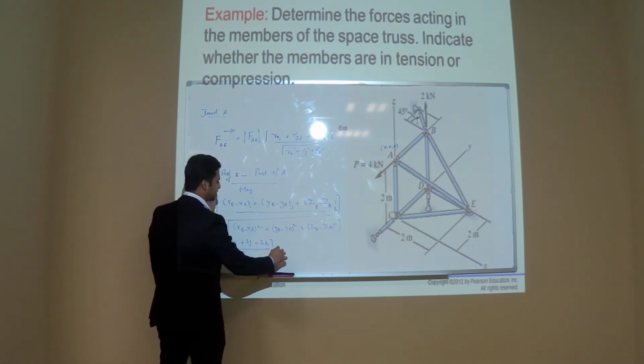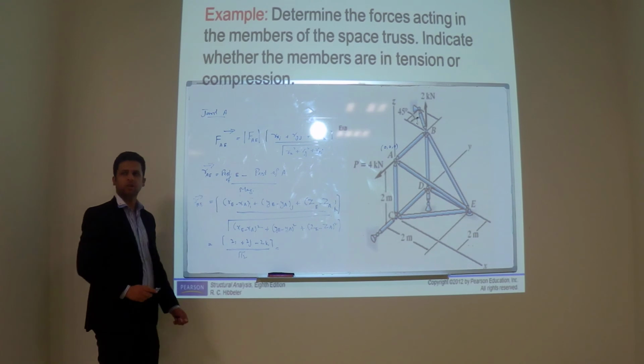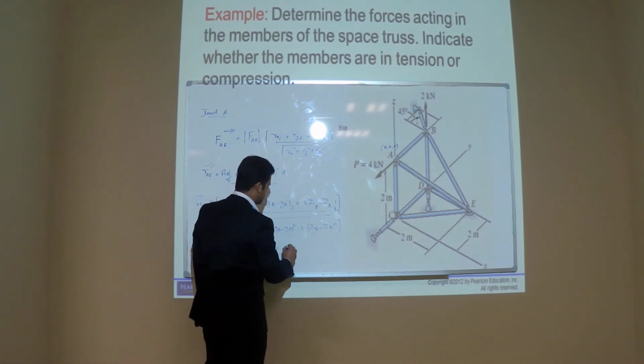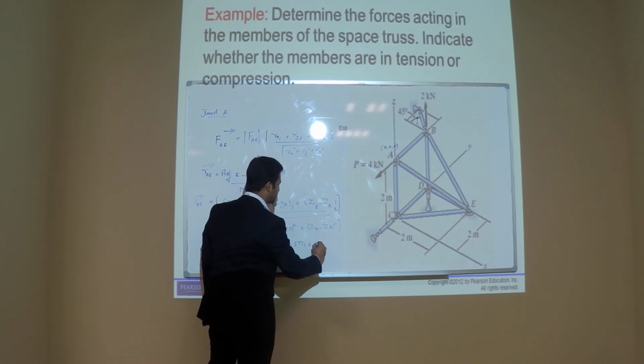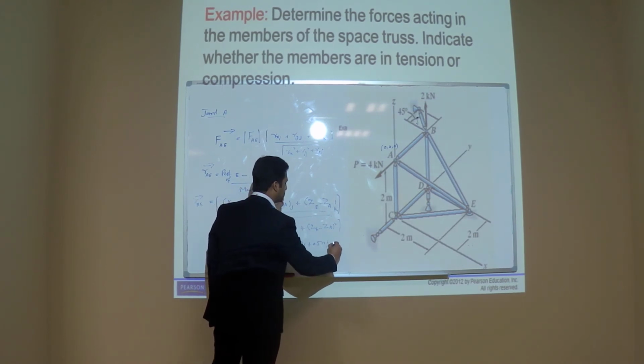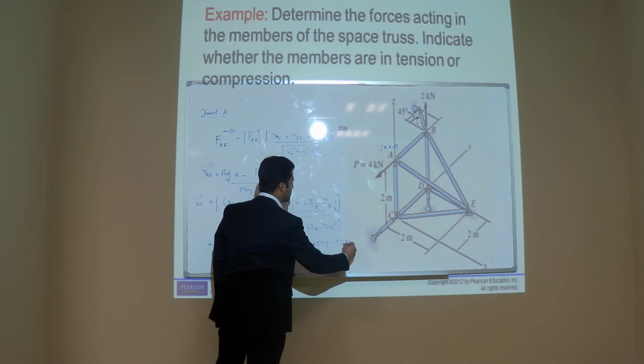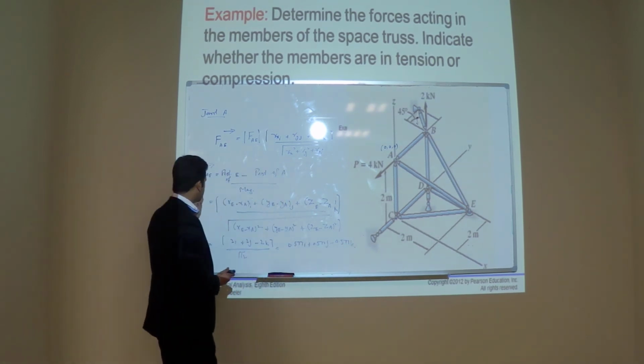So what about the answers? 0.577i plus 0.577j minus 0.577k. Now this is the position vector.